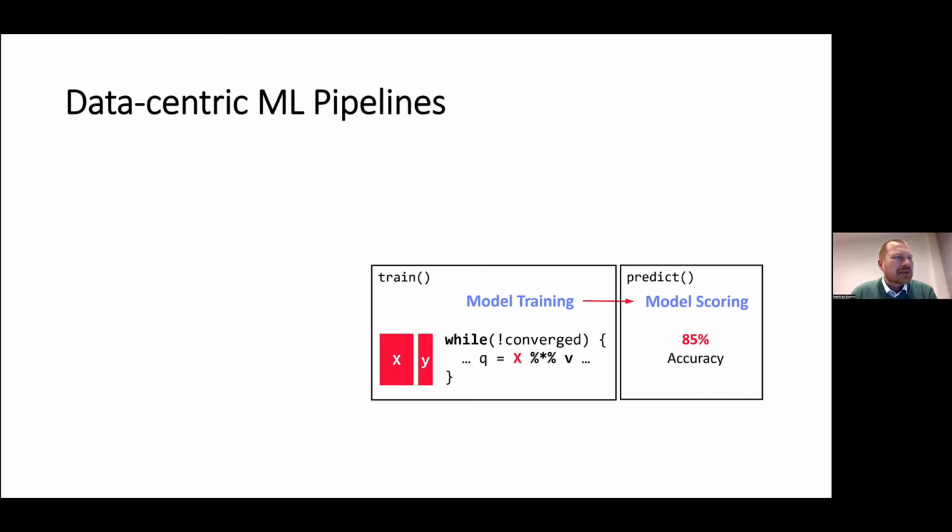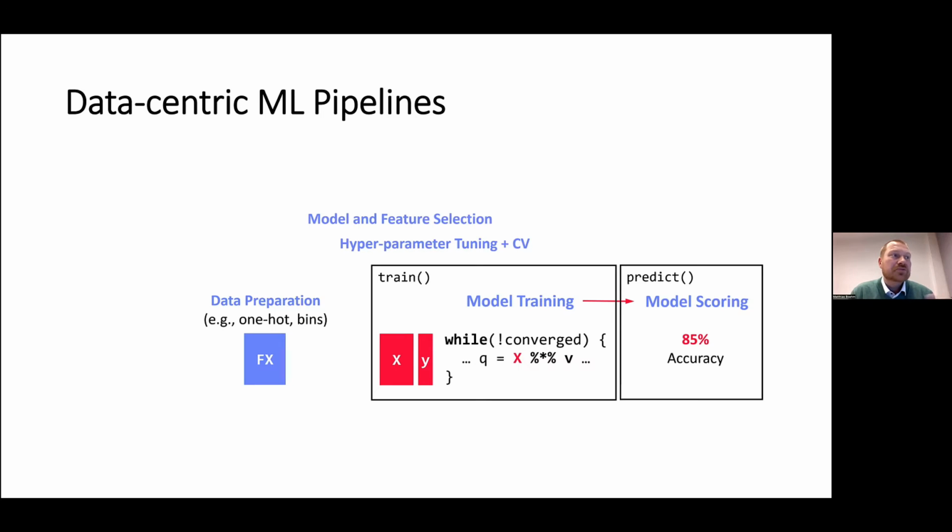Now, ML pipelines typically also include some form of data preparation where we get our structured input data sets and bring them into a numerical representation to actually then run those entire pipelines over. However, the typical exploratory data science process also includes a number of additional steps. This includes hyperparameter tuning, cross-validation, but also model and feature selection, so classical AutoML.